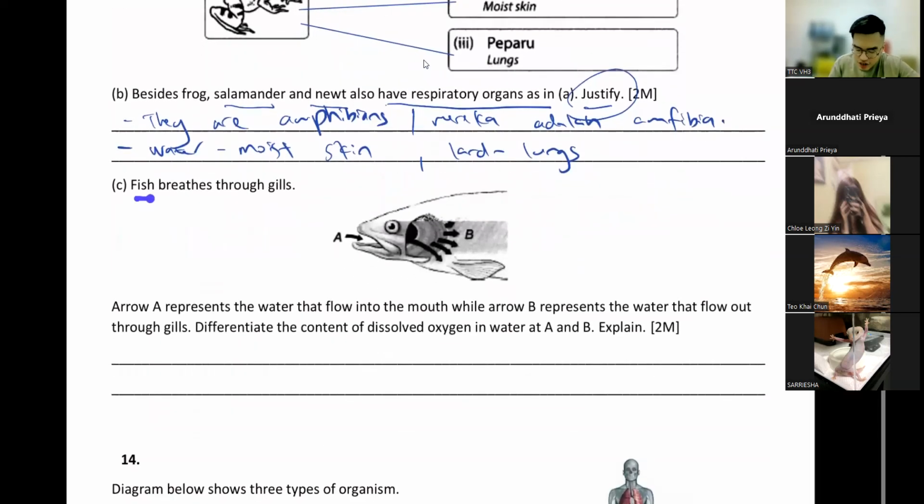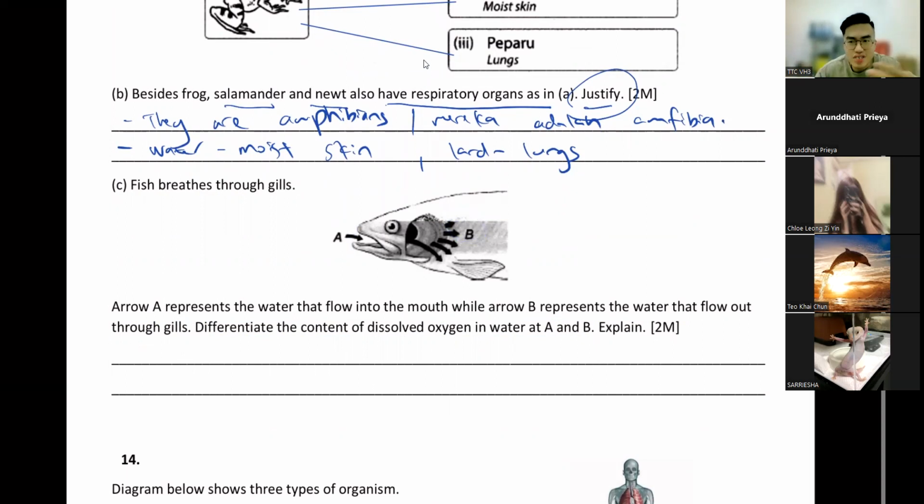So C, fish breathes through gills. Arrow A represents the water that flows into the mouth, while arrow B represents the water that flows out through gills. Differentiate the content of dissolved oxygen in A and B. So A and B here, how is the oxygen different?